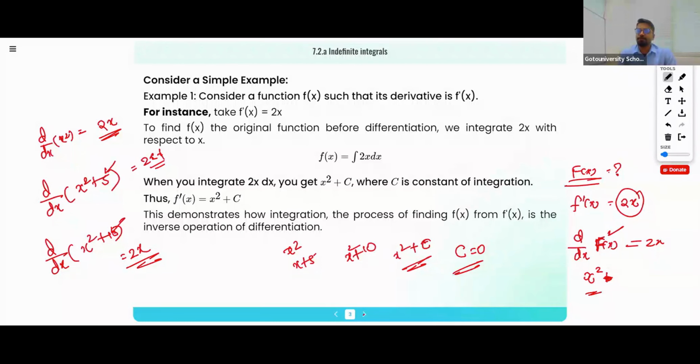That is the reason whenever you find an antiderivative or integrate a function, if it is indefinite, as we don't know definitely what the value of this c is, we call it an indefinite integral. So an indefinite integral always ends up with a constant part when you integrate. I hope this part is clear about what an indefinite integral is. Any questions, any doubts? You're always welcome to ask me in the chat.